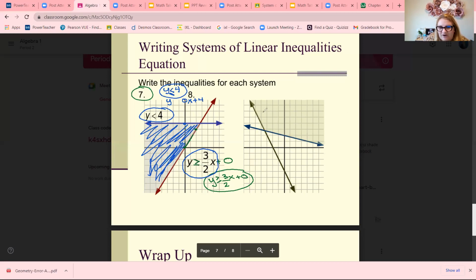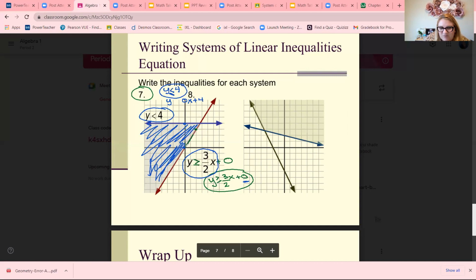So when you do number 8 on your own, you're going to start the equations by doing the first blue line equation and the second green line equation. And you're going to figure out where does it cross the y-axis first in order to figure out what the equation is. So you figure out where it crosses the y-axis, and then you do the same thing that I did over here.